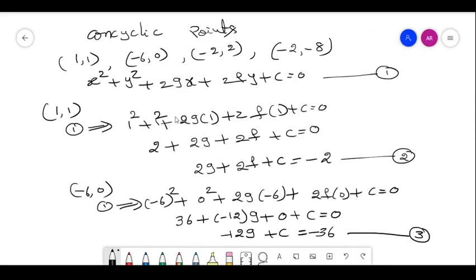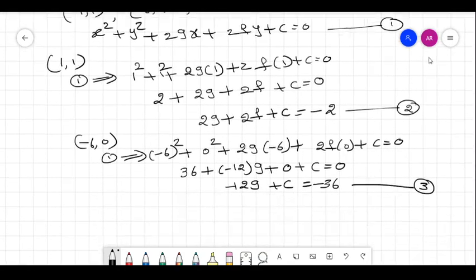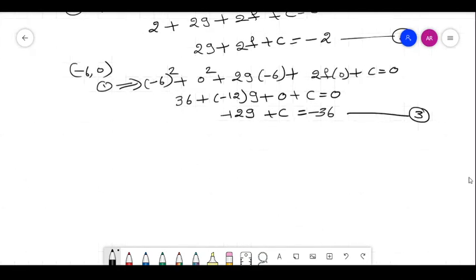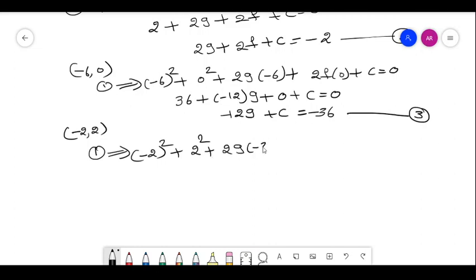Next you have to take the third point, (-2, 2). Again you have to substitute in the first equation. The x value is minus 2, the y value is 2. So that is minus 2 whole square plus 2 square plus 2g into minus 2 plus 2f into 2 plus c is equal to 0.